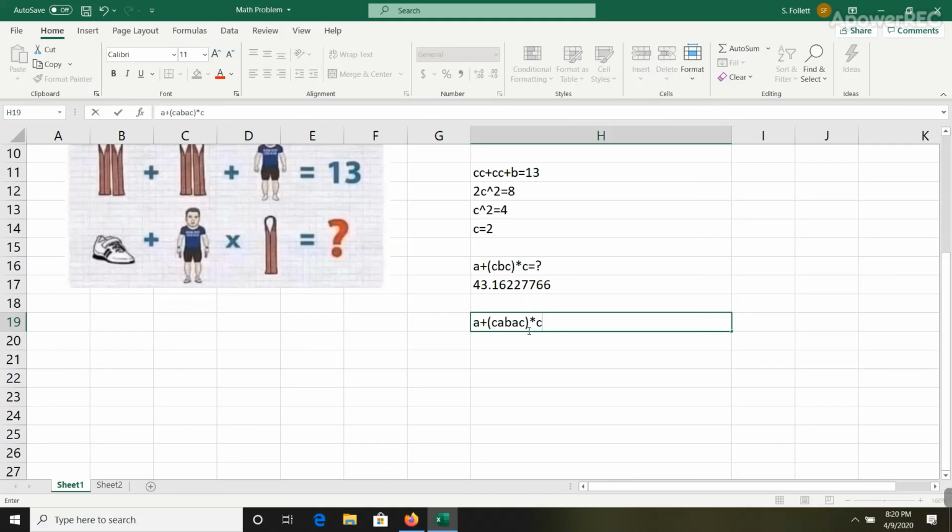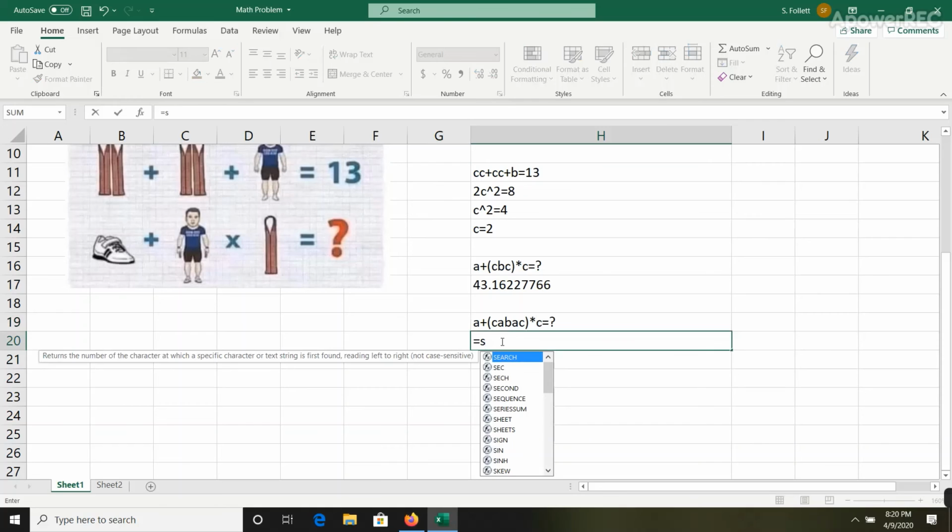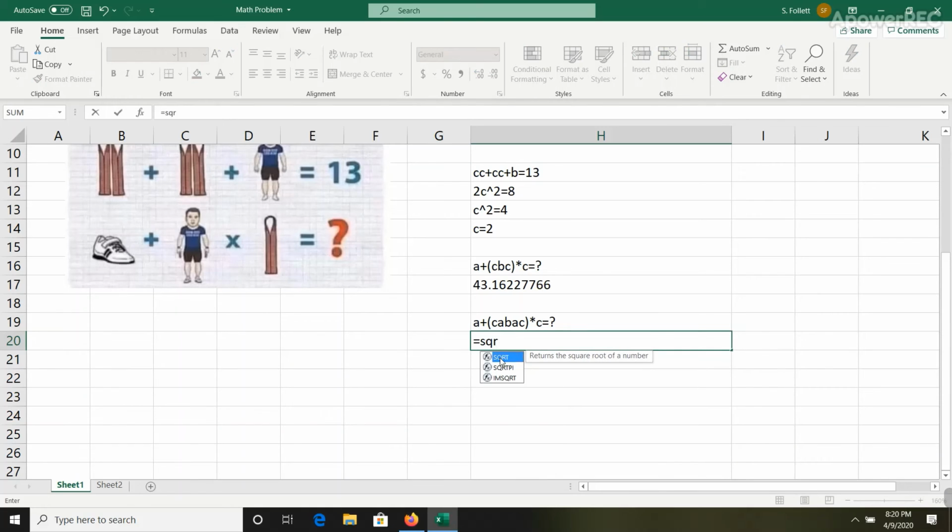So what's that equal to? So if I come back in here again, I'm going to let Excel take care of this. So we got the square root of 10 plus the quantity 2 times square root of 10.